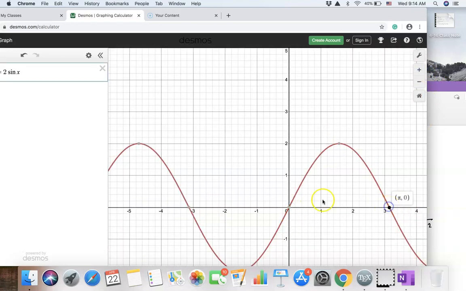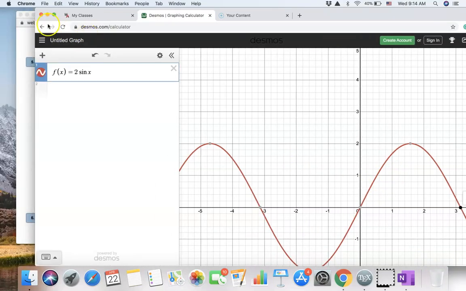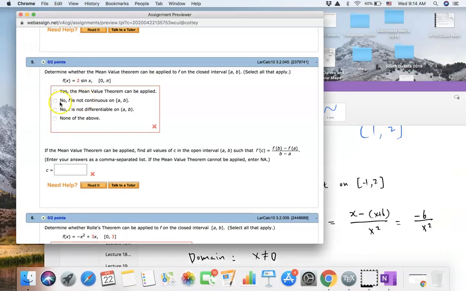From the graph, we can see that the function is continuous and differentiable. Why? Because the graph has no sharp corner, and on the graph we don't have a point where the tangent line is vertical. So the function is differentiable and continuous. Therefore, the mean value theorem can be applied.